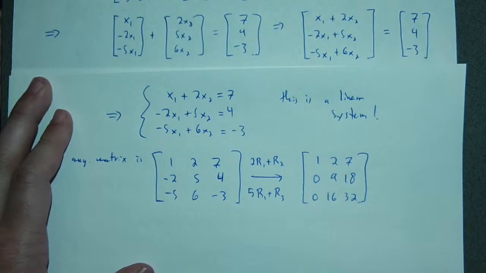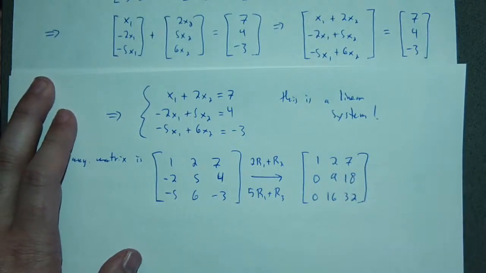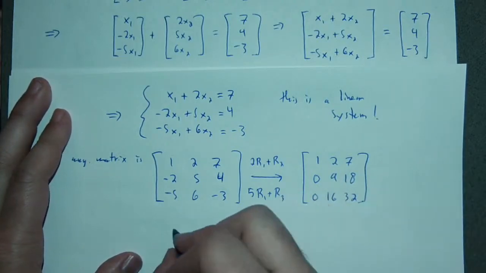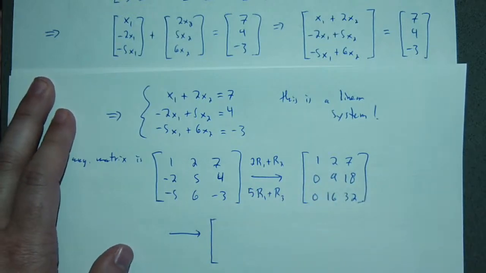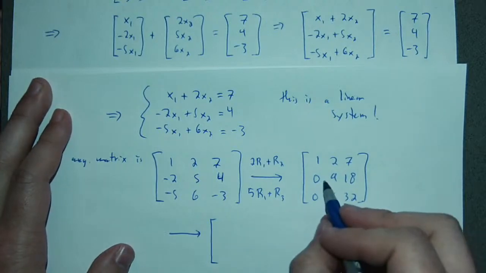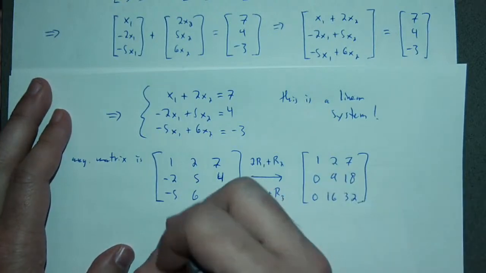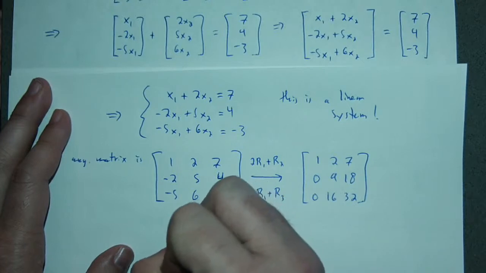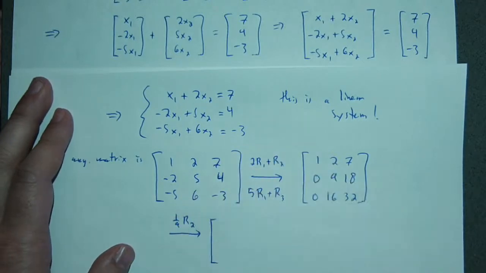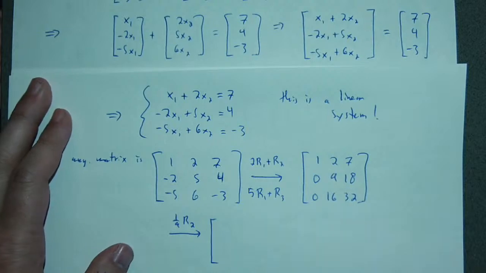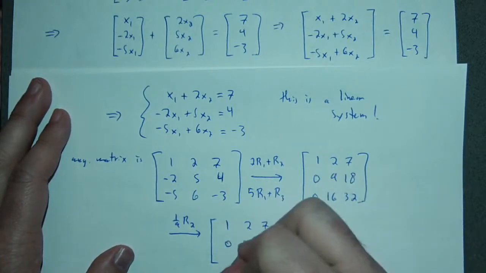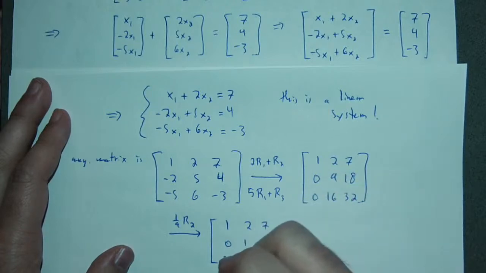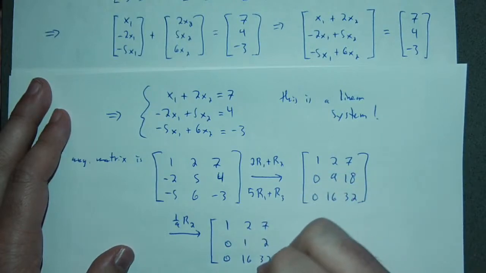Quickly then, what do I get here? I continue on. Let's scale this by 1/9, so this is 1/9 times row 2. So this is 1, 2, 7, 0, 1, 2, 0, 16, 32.